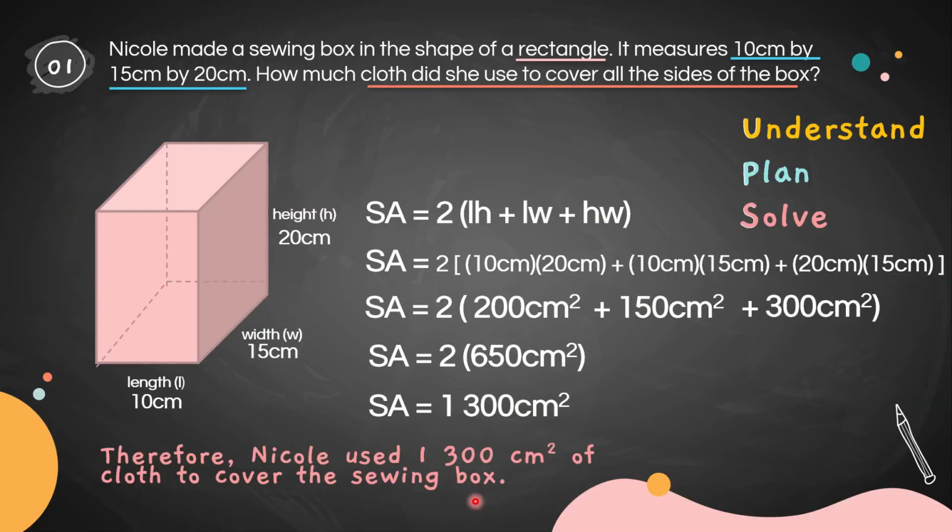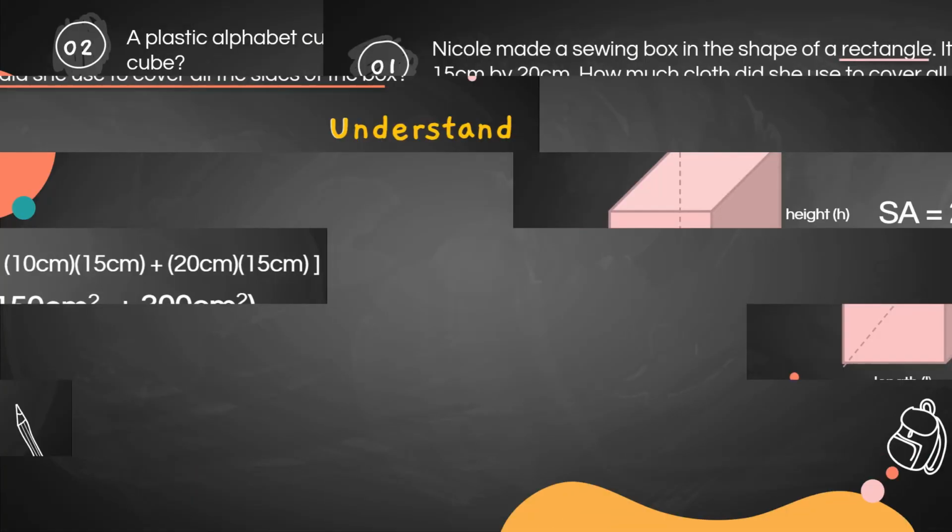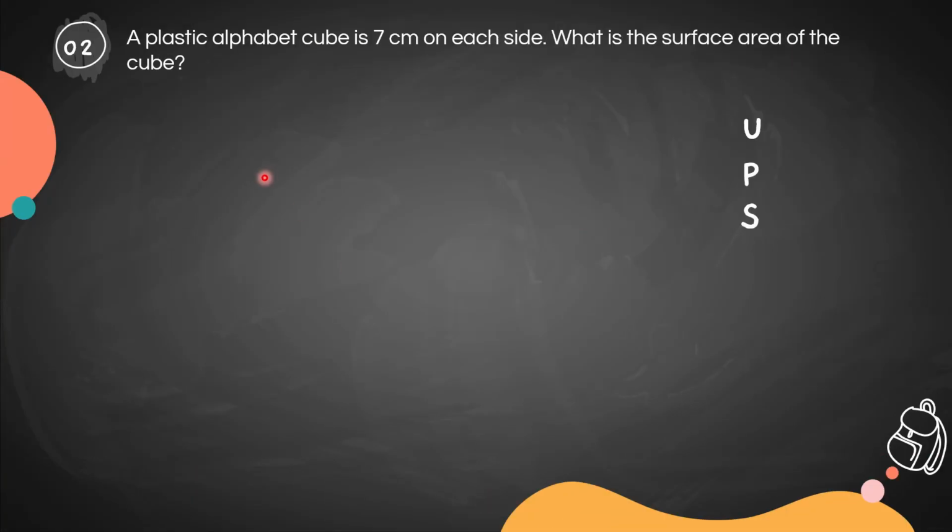Another example. A plastic alphabet cube is 7 centimeters on each side. What is the surface area of the cube? So let us first understand the given problem by identifying what is asked and what is given. We are going to find the surface area of the cube, and the given is 7 centimeters on each side.